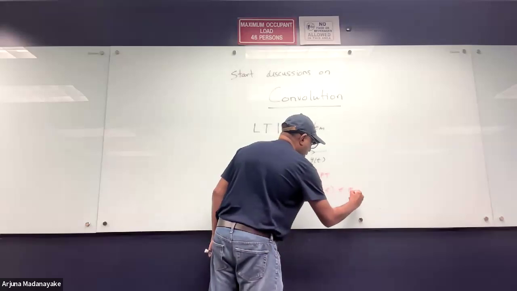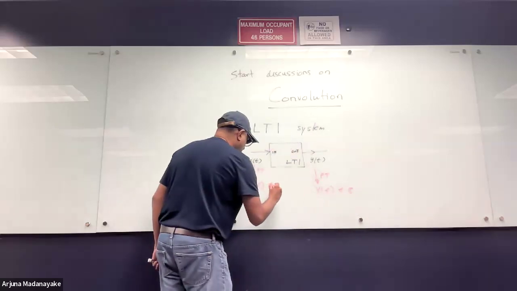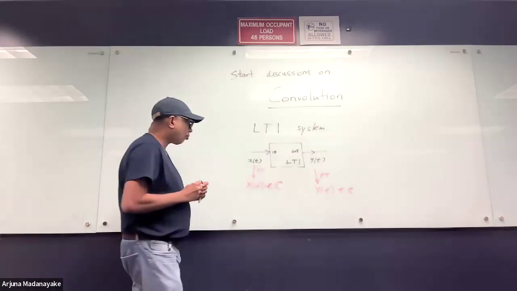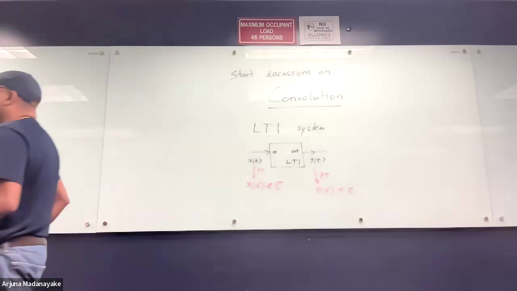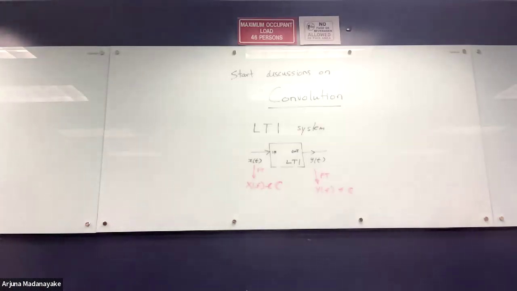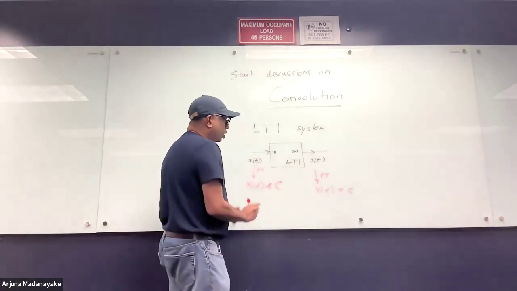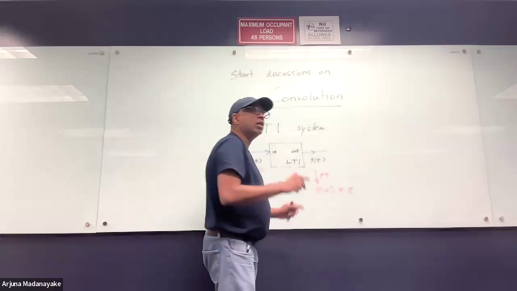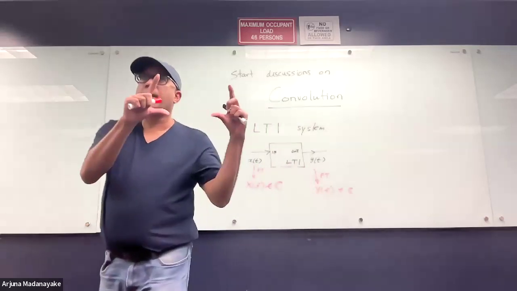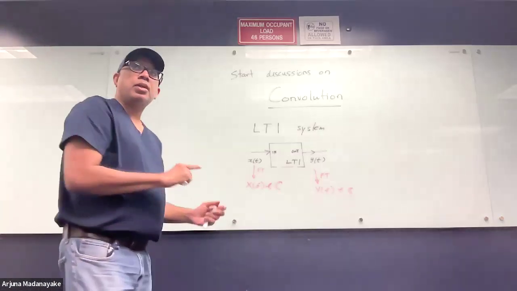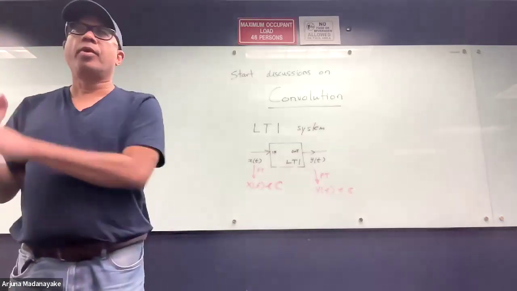These are in general complex functions. So small x produces small y, the output waveform. Capital X of f produces capital Y of f, the output spectrum. Input spectrum gets mapped to output spectrum, input waveform gets mapped to output waveform.